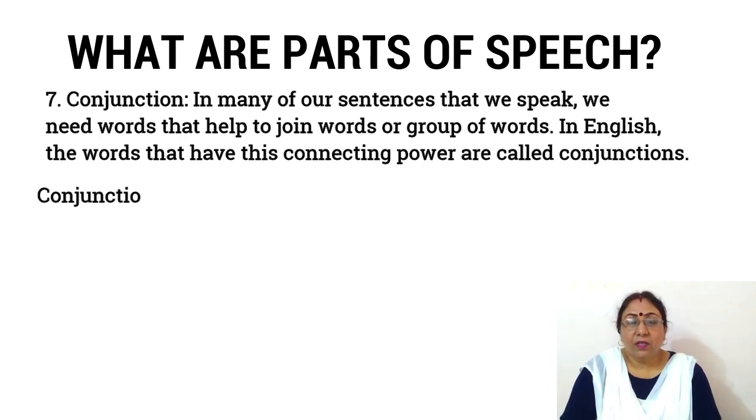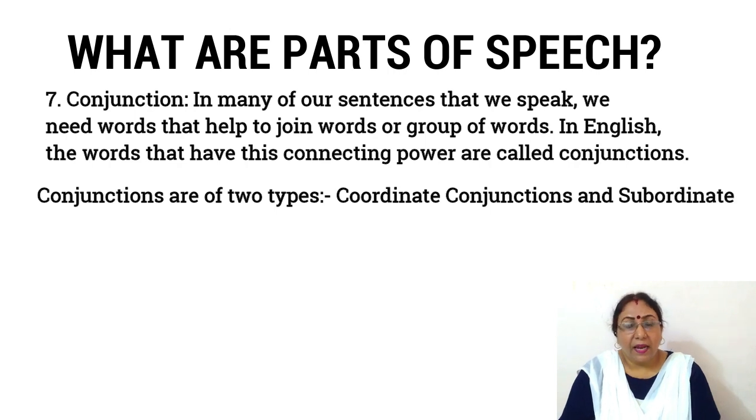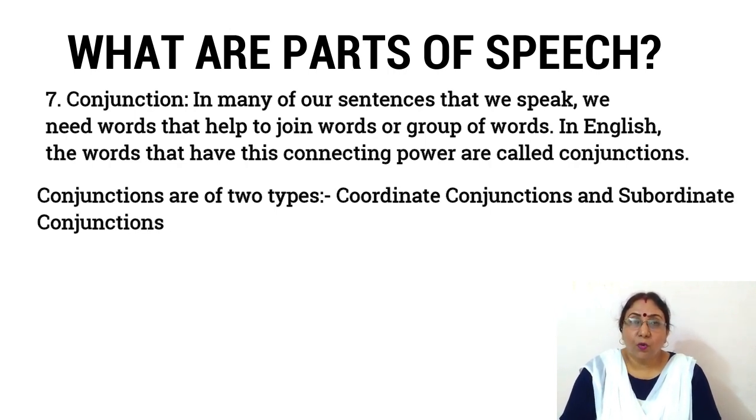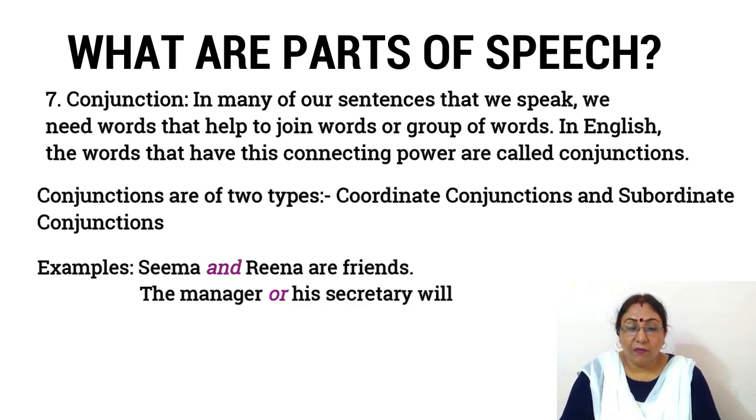And conjunctions are divided into two. They are the coordinating conjunctions and the subordinating conjunctions, about which we will be discussing in the next video. Now for example, if we say, Seema and Reena are friends.